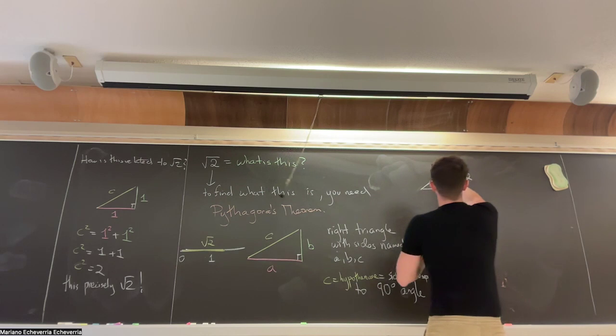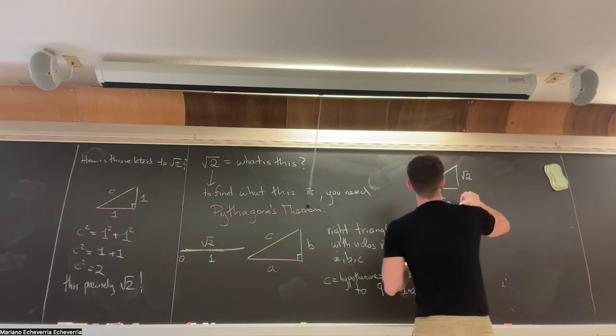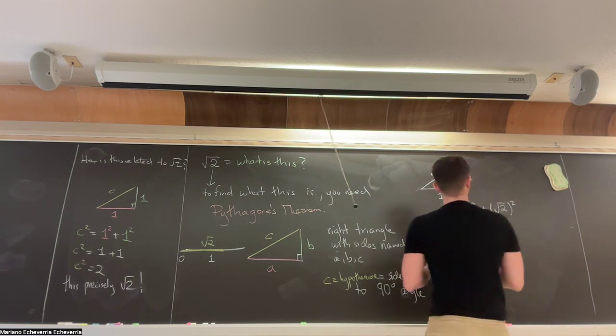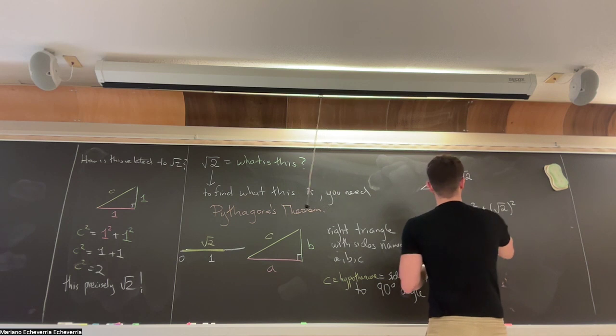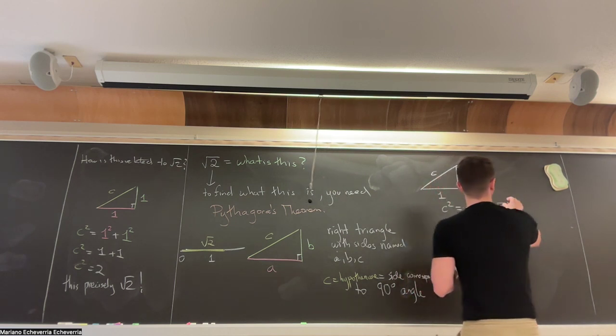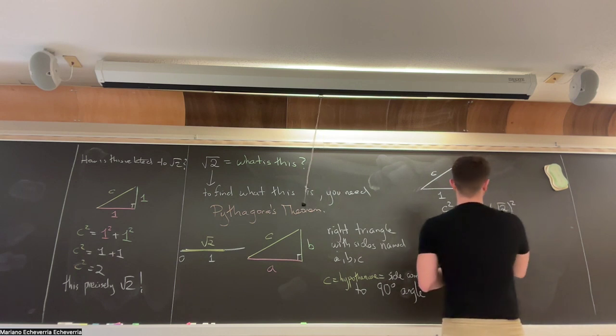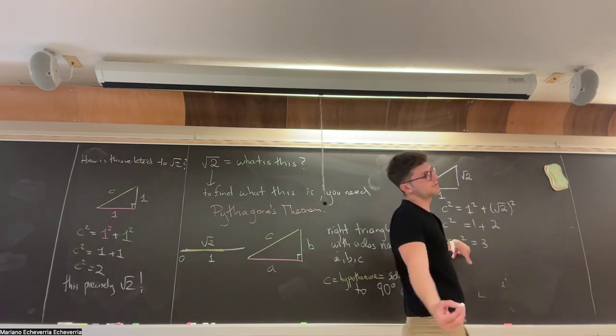And so what does this one give you? By Pythagoras theorem, c squared would be 1 squared plus root of 2 squared. So you get c squared equals 1 plus 2, because root of 2 squared is 2, because of what we have been saying. So c squared equals 3. And that is what you would call root of 3, right?